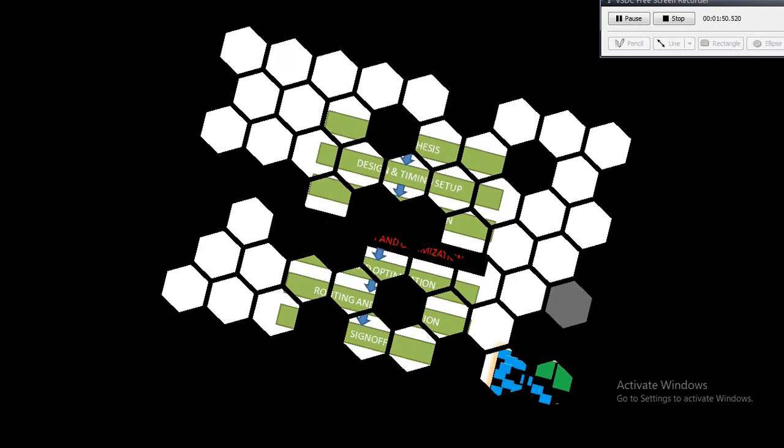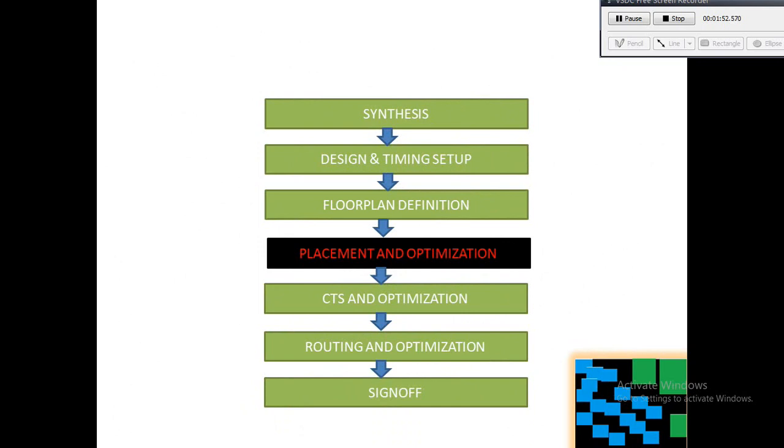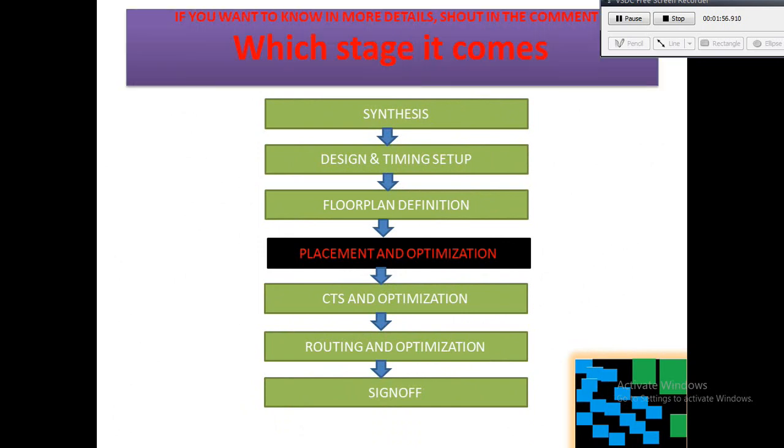On the screen you can see at which stage the placement step comes. It comes just after your floor plan is completed. Inputs for the placement stage will be the gate level netlist, floor plan design, design libraries, design constraints, technology files, and so on.